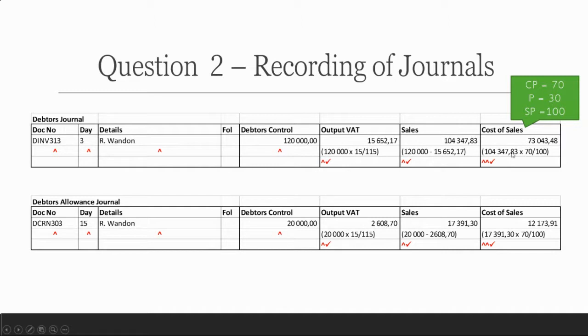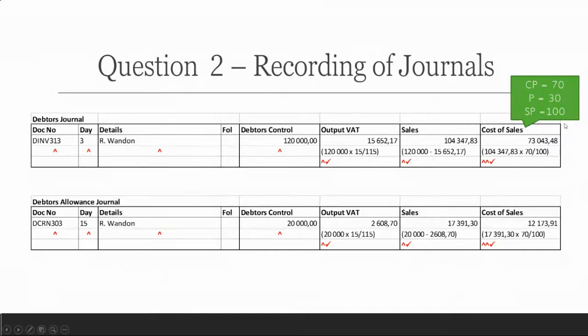Now, a lot of students lost marks with the cost of sales because you missed that it was on selling price, which made the selling price 100% instead of 130. So a lot of students got the cost of sales incorrect because you've applied the markup percentage incorrectly.